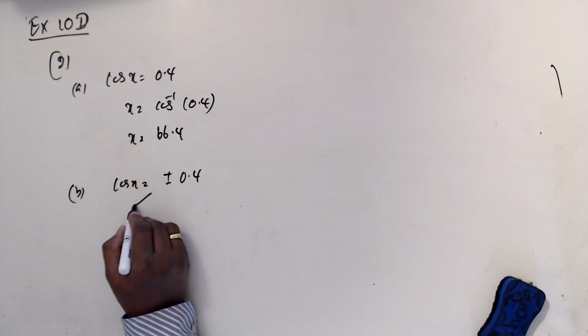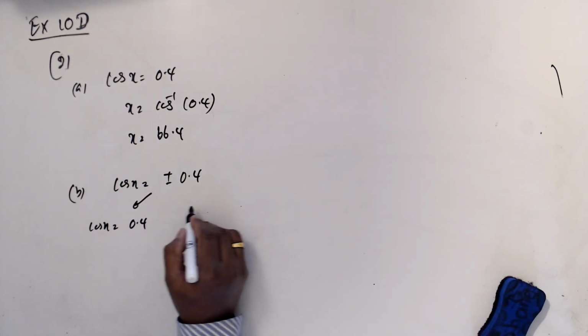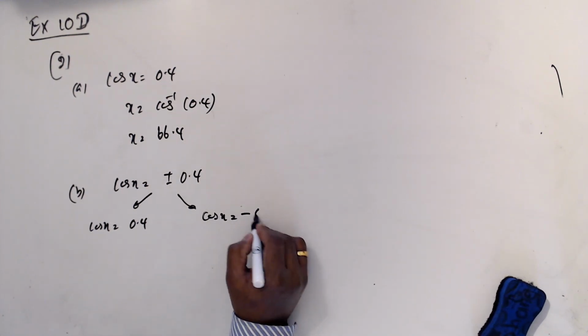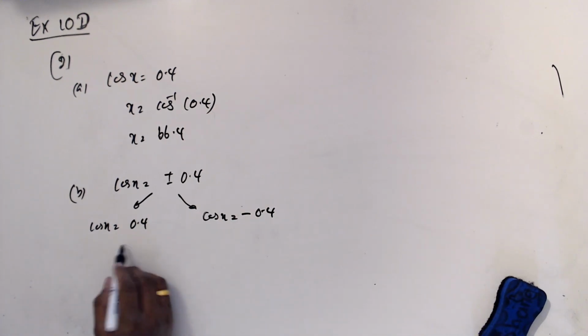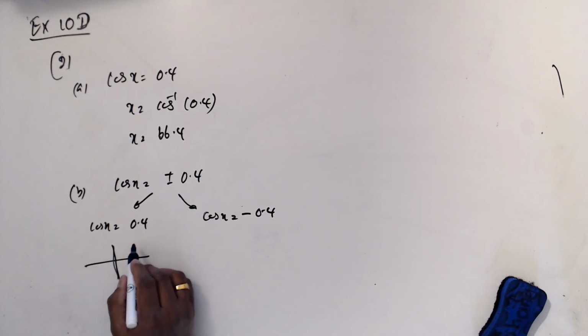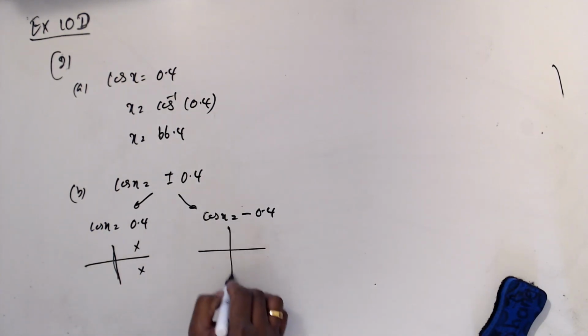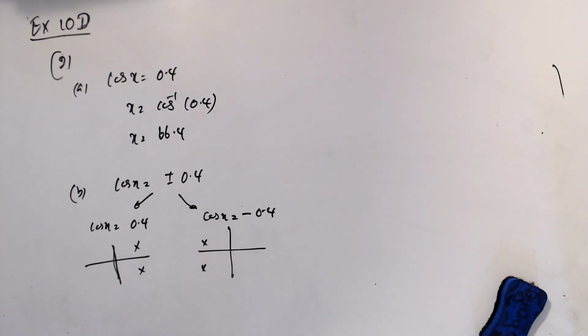So there are two equations. Cos x equals 0.4. Another one is cos x equal minus 0.4. Cos is positive on first quadrant and fourth quadrant, and cos is negative on second and third quadrant.